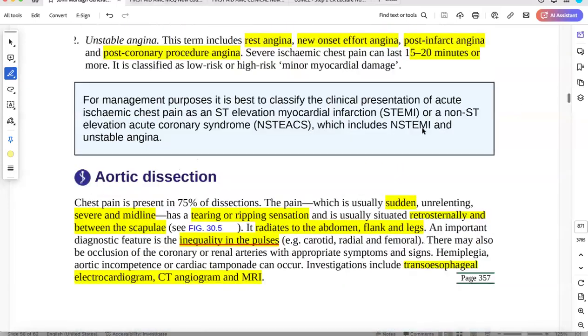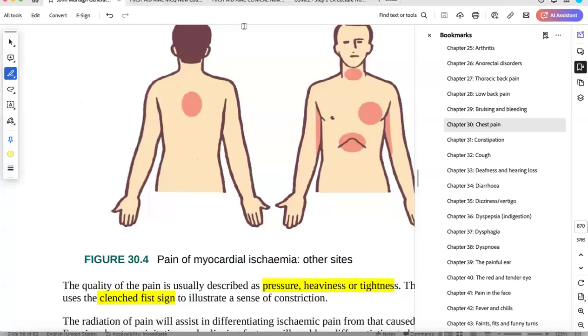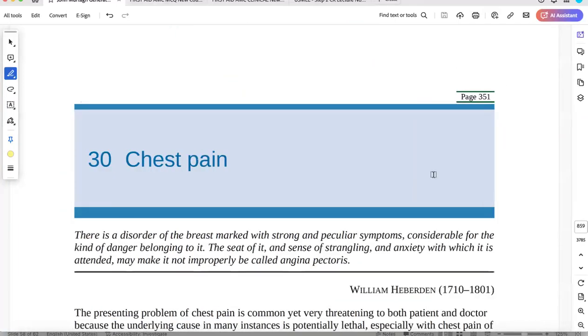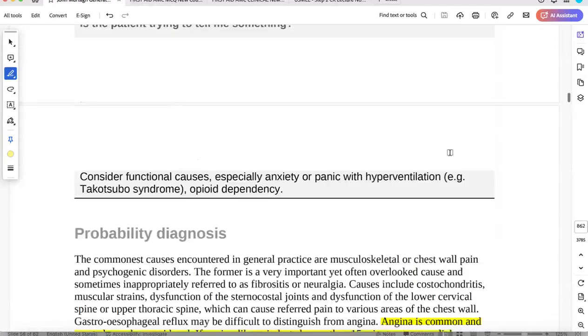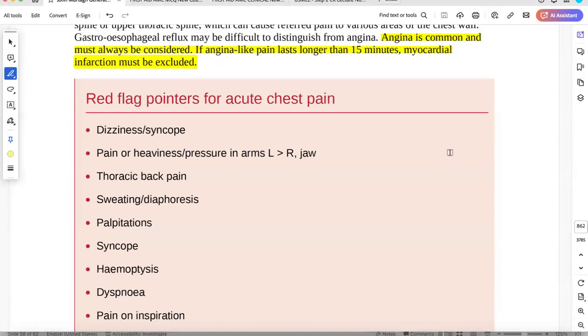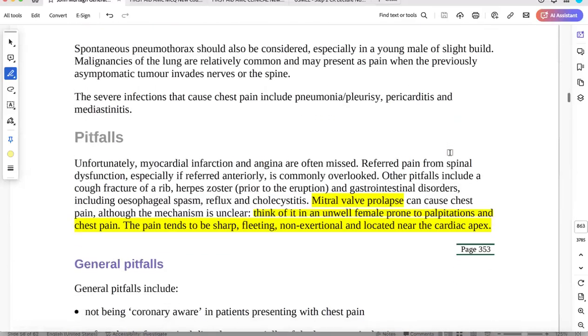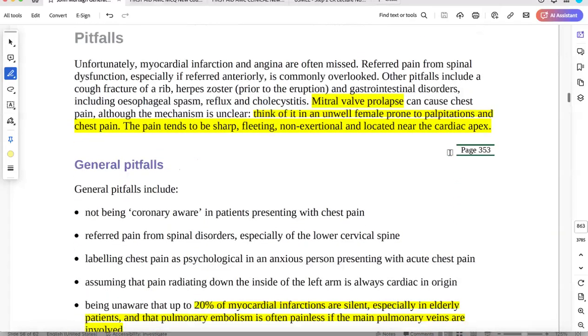John Murtagh, chapter 30 is your chest pain chapter. We discussed most of what is written in John Murtagh anyway, but I'll go through a few things that are not in the notes so that you can also correlate.